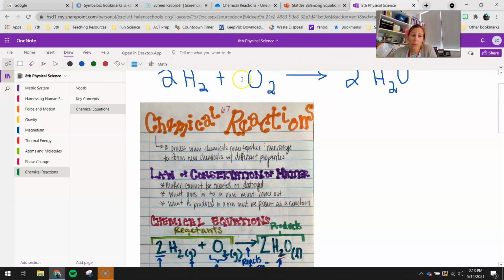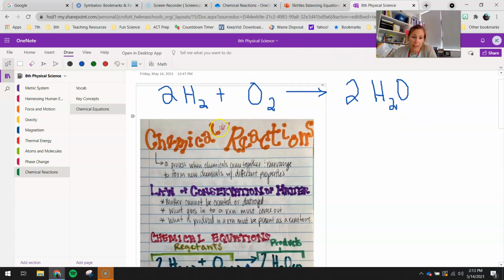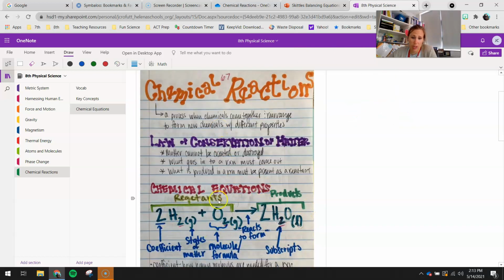Okay, so again, this is a chemical equation, and I'm going to talk about all the features. You can see the same equation right here, but it looks a lot messier. You can see that these large numbers in front are called the coefficient, and this should be familiar to you. If you haven't already, you need to go back and do the counting atoms assignment from Vigilante Friday and the Wednesday counting atoms Kahoot from last Wednesday's remote day.